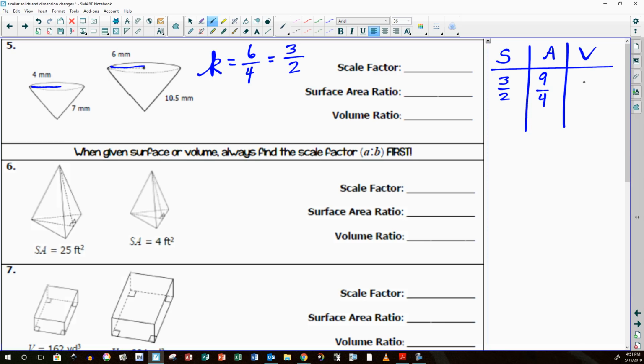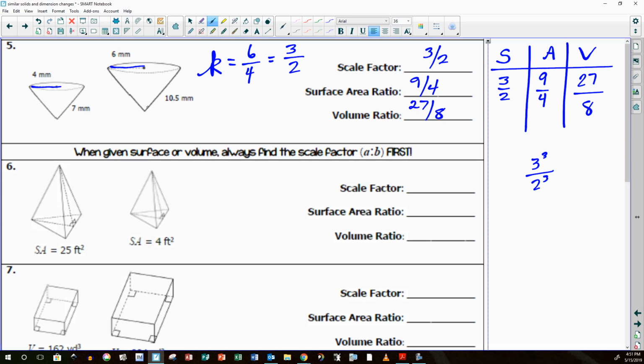And this is A cubed, which means 3 cubed. So 3 cubed is 27 over 2 cubed, which is 8. So my scale factor 3/2, 9/4, 27/8.